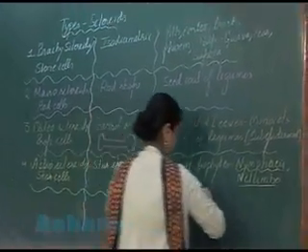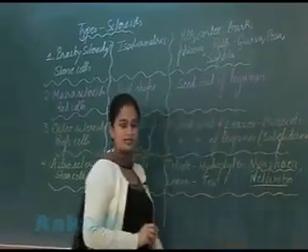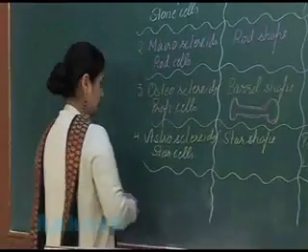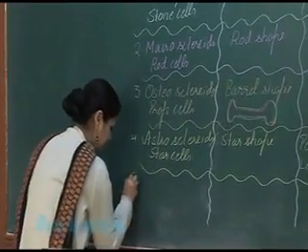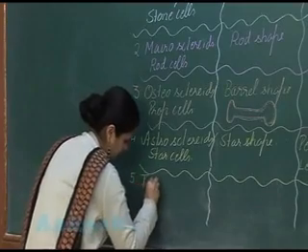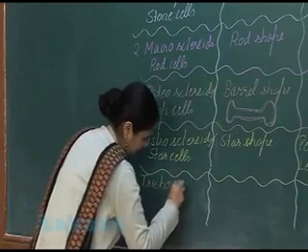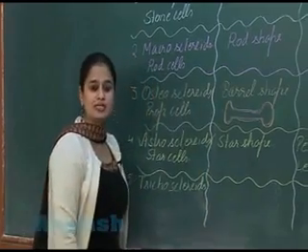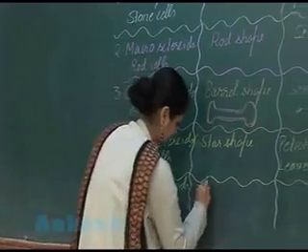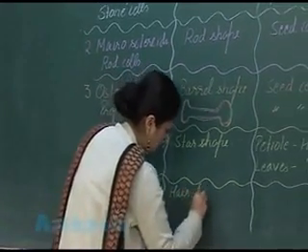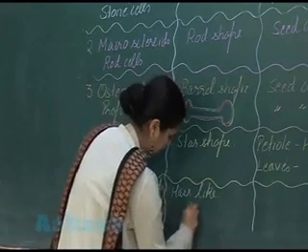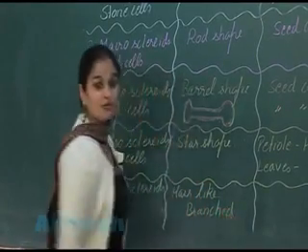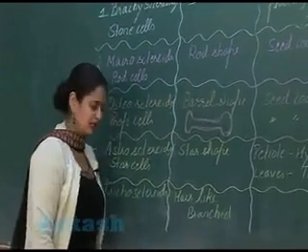The last category, trichosclereids. Trichosclereids are long, hair-like, branched. They are also known as internal hairs.